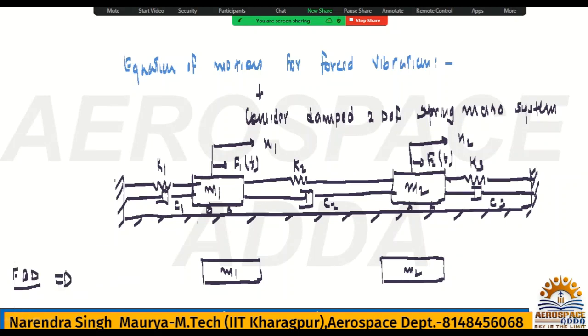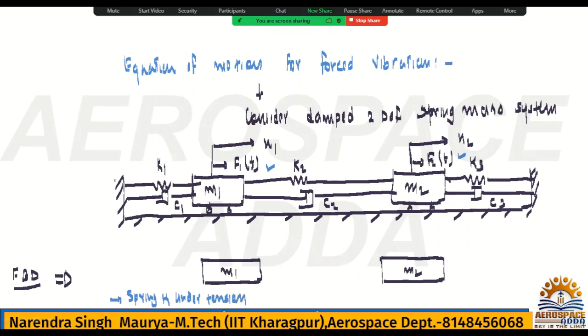It's very important. See, for this mass system, the force direction you have to check. This is the force direction. Check carefully. If the block M1 is moving in the forward direction, then this spring K1 will be in tension. Yes or no? So I can write here spring K1 under tension.